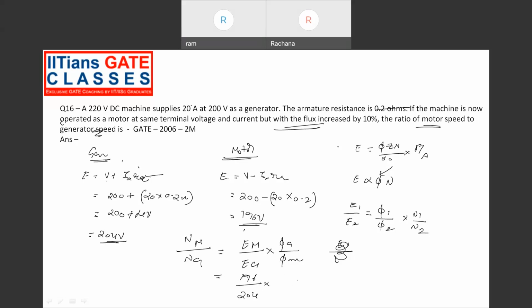So let's say ϕG equals ϕ, then ϕM is increased by 10%, so it will be 1.1 times ϕ. So N motor by N generator equals 0.87.